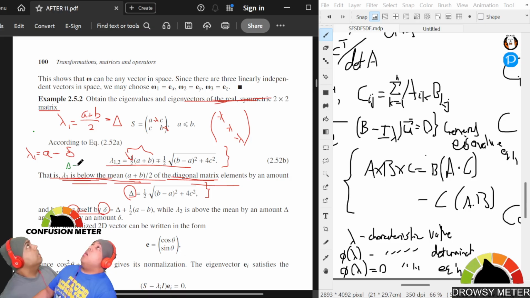Triangle plus half A minus half B. We get this.